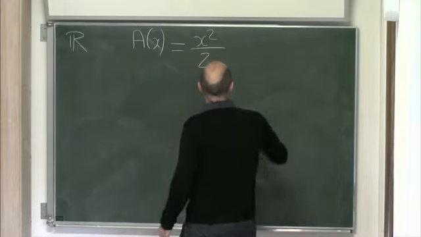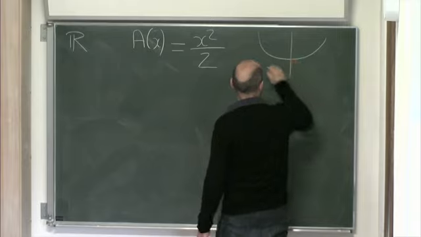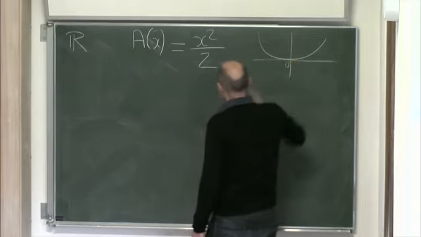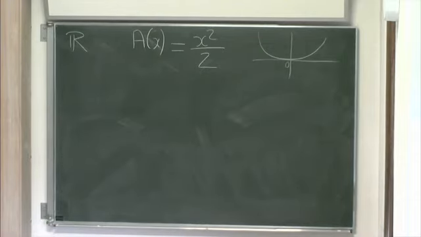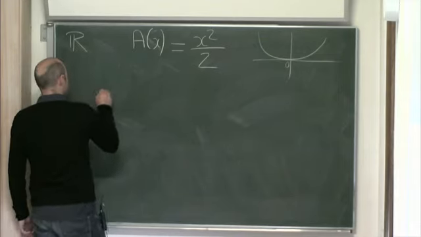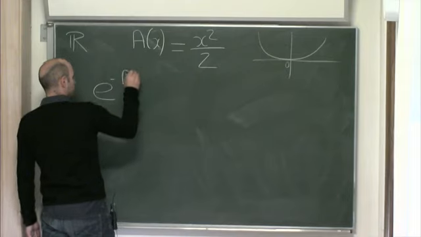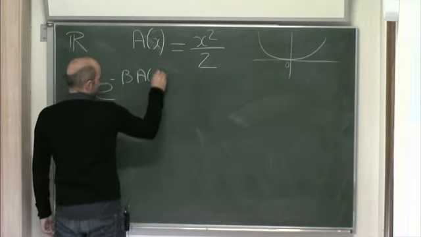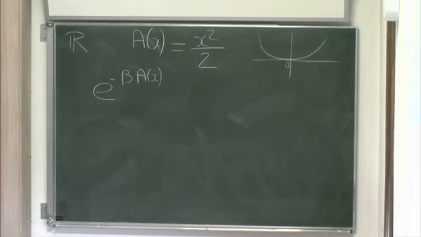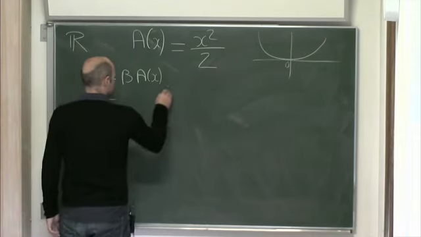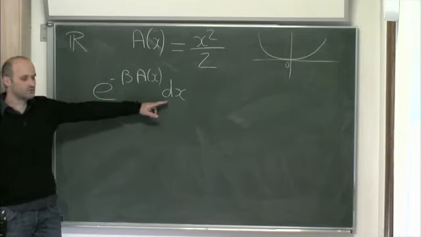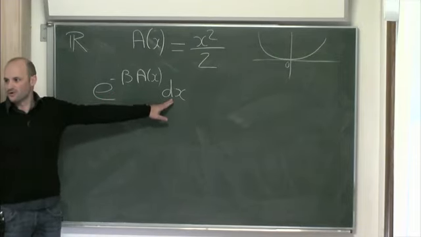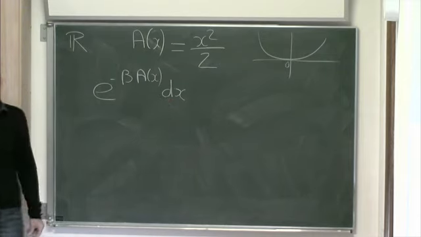It has a minimum at 0. And if you want to construct a probability distribution out of this function, you just take a parameter beta and construct a probability measure which has this density here. So you just weight the uniform measure on real numbers by the exponential of your functional.